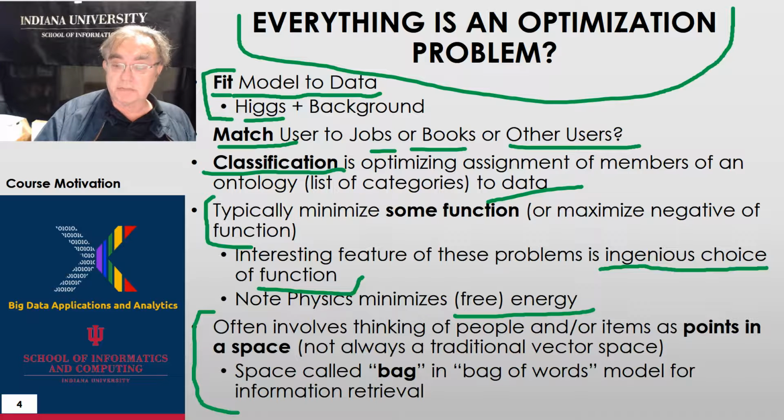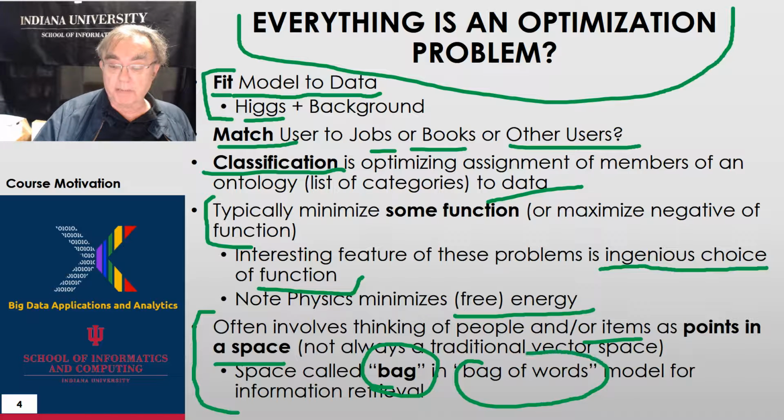And as a result of this, when you're doing this, as we'll look at later, you often think in these problems of these people or items as points in a space. This space is often a pretty abstract space. It doesn't have vectors with the normal properties with scalar products. Sometimes we call the space a bag. Like in information retrieval, we often talk about a bag of words. That's to point out that this particular space doesn't have the elegant Euclidean properties of the real-world spaces we're familiar with, but still it's a space.